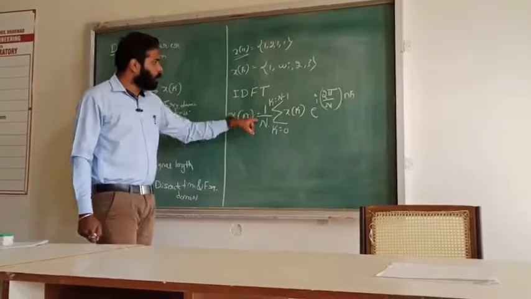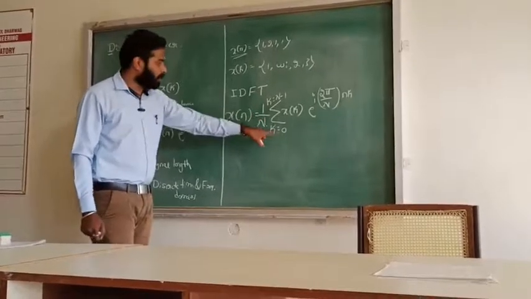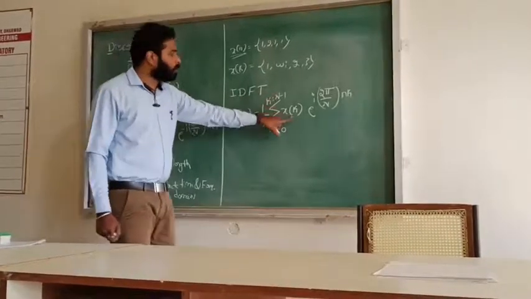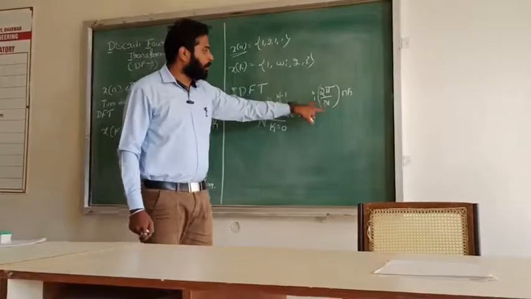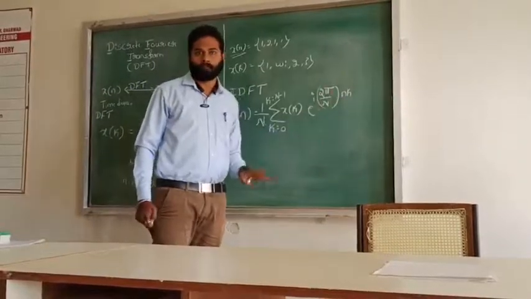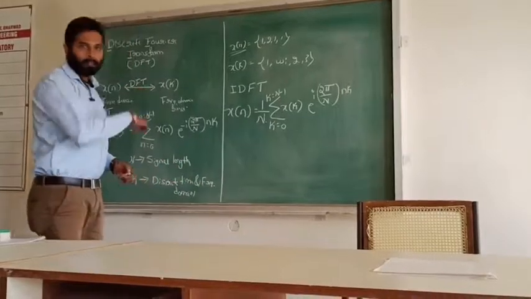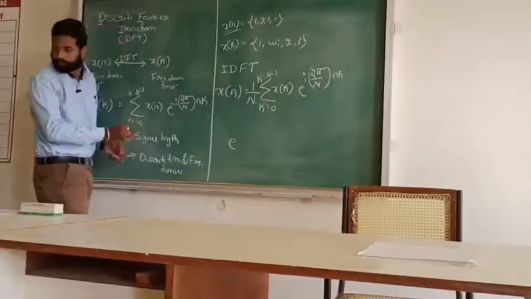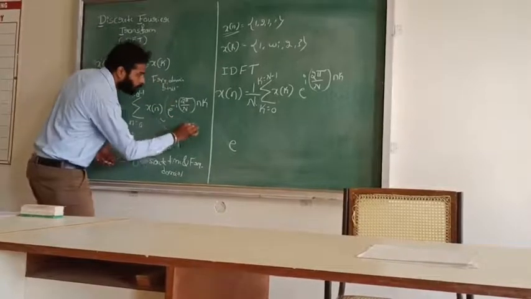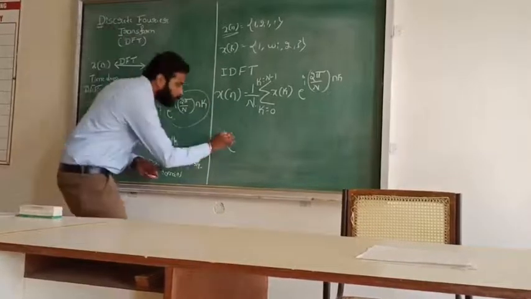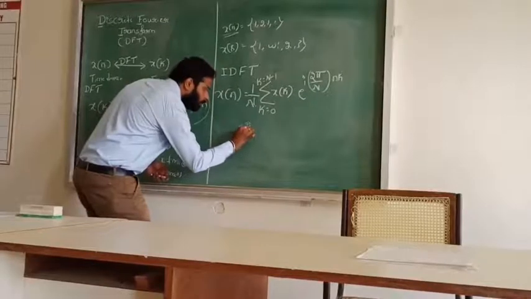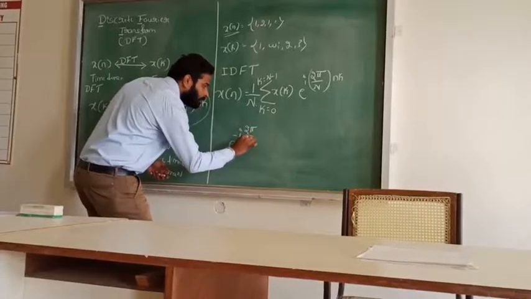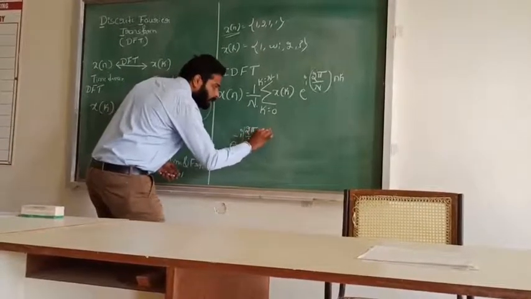X of n is equal to 1 by capital N summation k is equal to 0 to N minus 1 x of k e raised to plus I 2 pi by N into n into k.